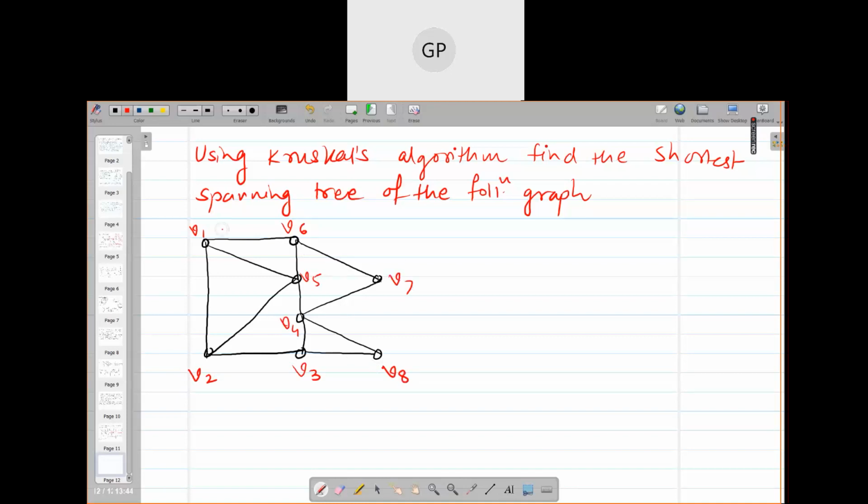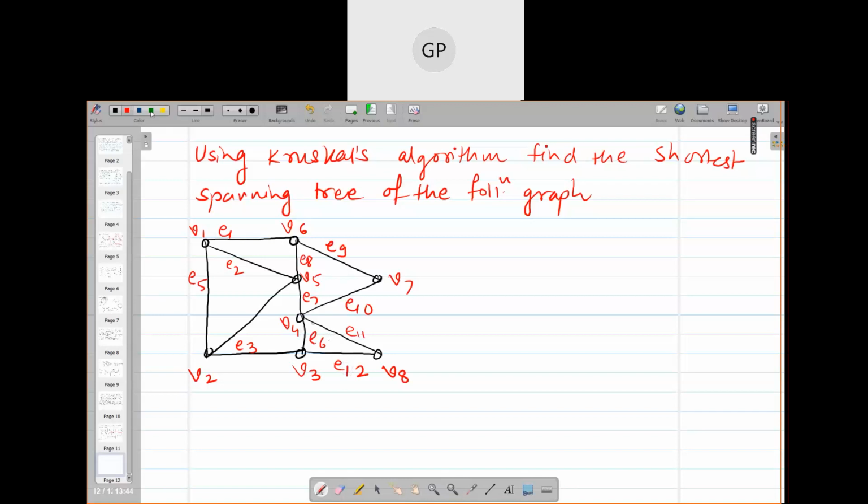And the edges are E1, E5, E2, E3, E9, this is E8, this is E10, E7, E11, E12, this is E6.